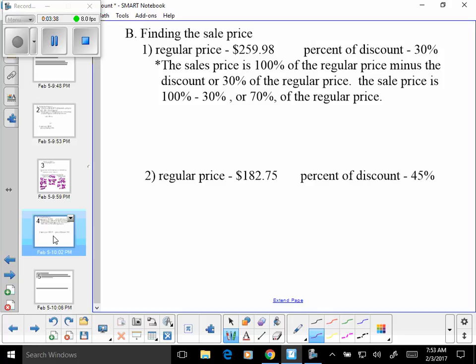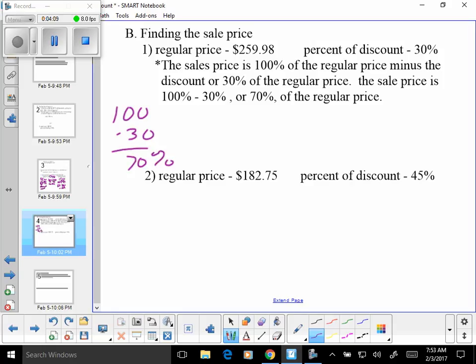But it also means that you're only going to pay 70% of the regular price, since 100% minus 30% is 70%. That's what you're going to pay. So in this instance, we're going to take 100 minus 30 to get 70%.